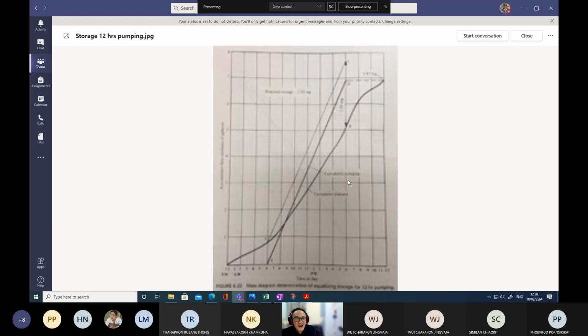That is why it doesn't have to be 24 hours continuously, because the chemical process can be applied and then maybe they'll do it later. So for this, it's only 12 hours pumping, not 24 hours pumping.